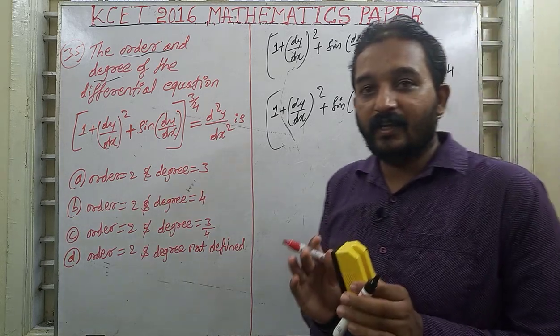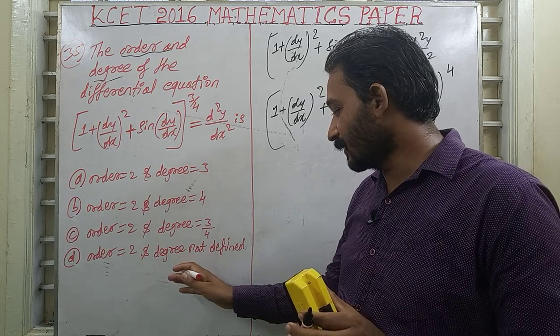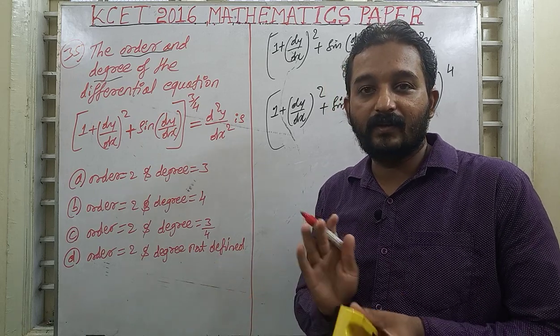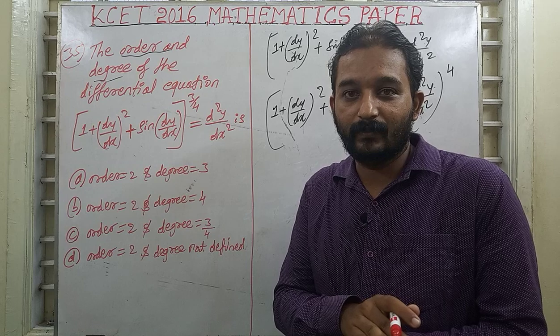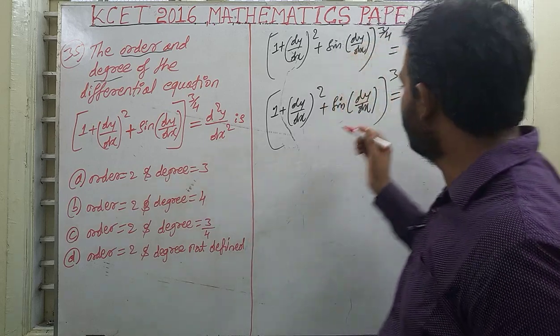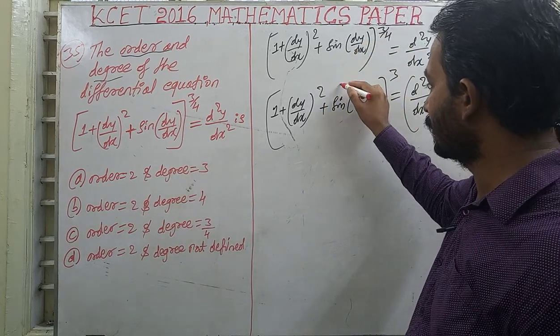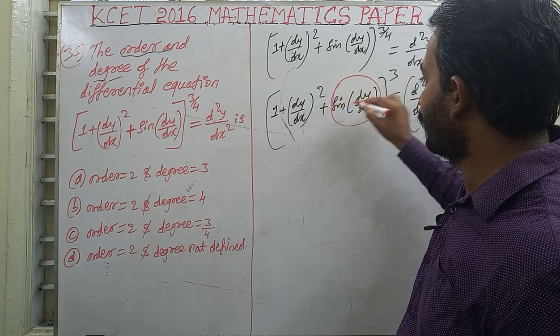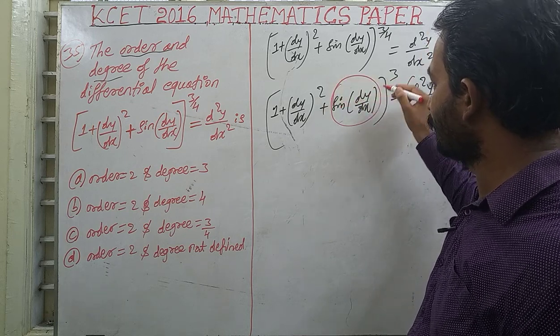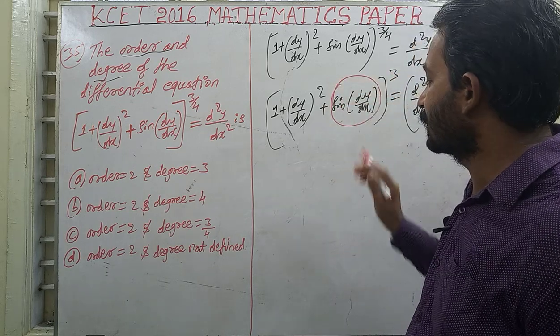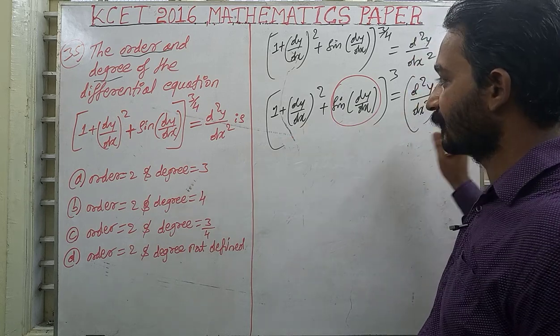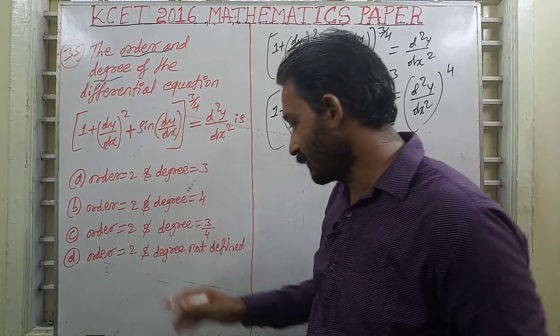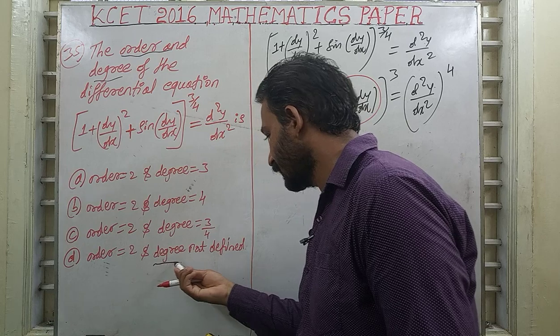So degree is not defined when the differential equation is not a polynomial. This is not a polynomial differential equation because sine of dy by dx is there. The derivative is composed inside the sine, hence it is not a polynomial differential equation. Hence degree not defined.